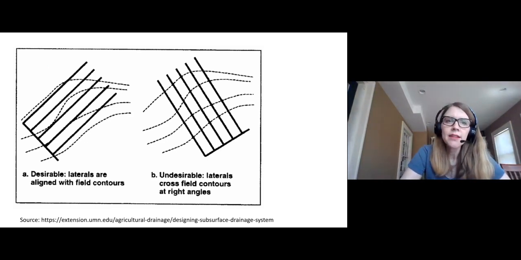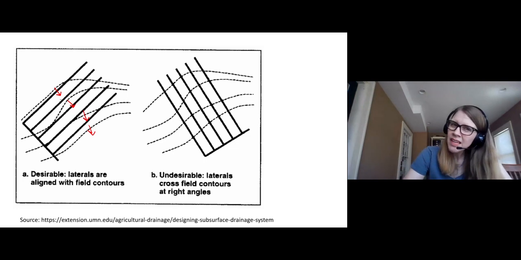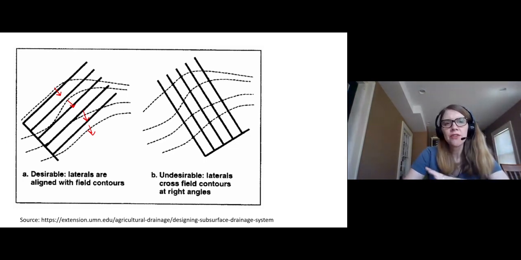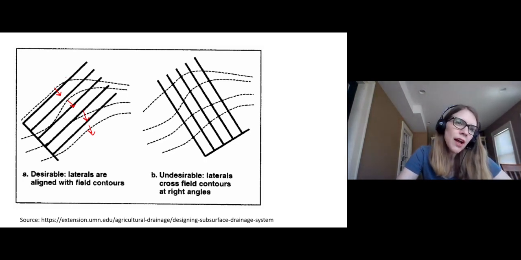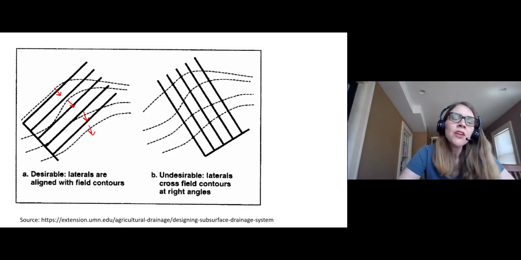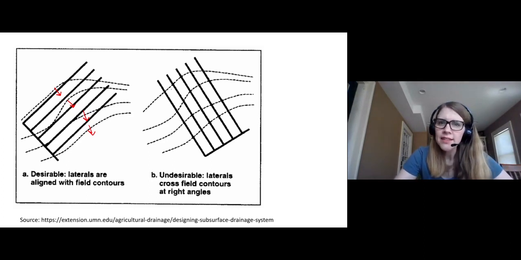And the reason for that is that if you remember, surface flow, and to a large degree subsurface flow, goes downhill perpendicular to the contours. And if you align the laterals so that they are also parallel to the contours so that the water is flowing across them, you are helping the water to enter into those tile lines.